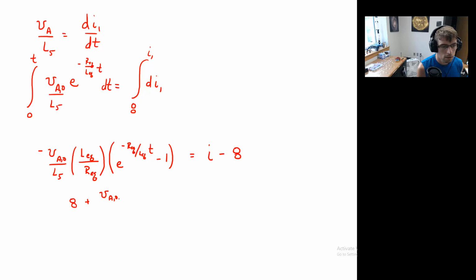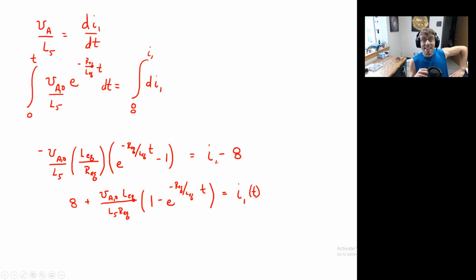VA naught times LEQ, all divided by L5 REQ, times the quantity 1 minus e to the negative REQ over LEQ times t. And that whole rigmarole equals I1 as a function of time. Ta-da!